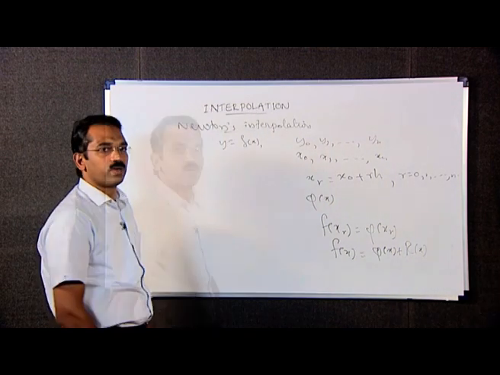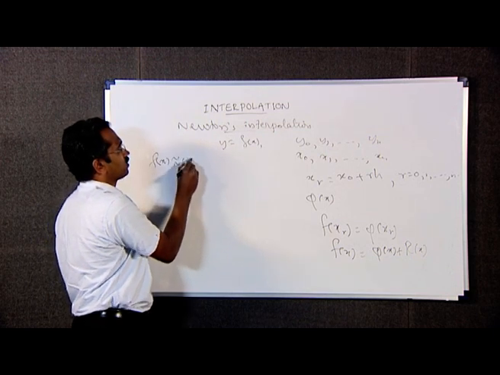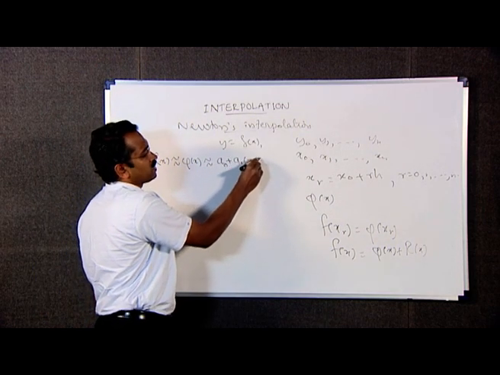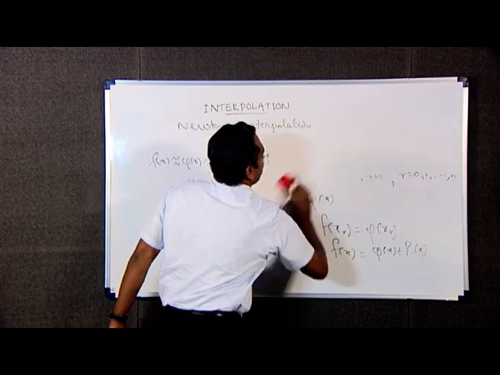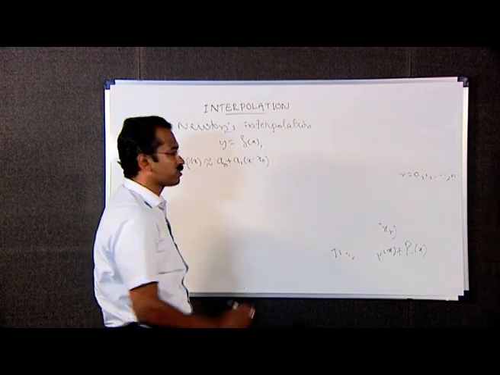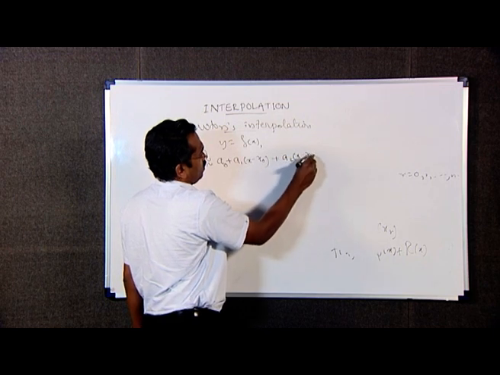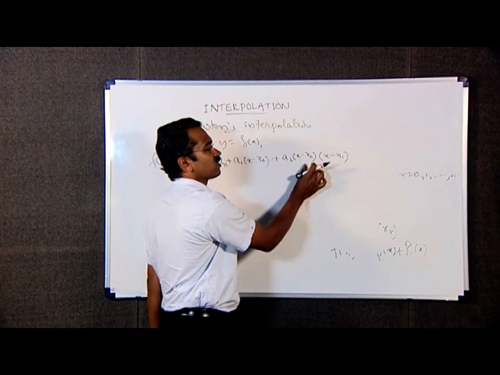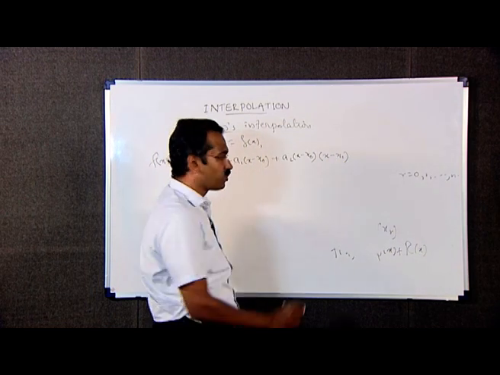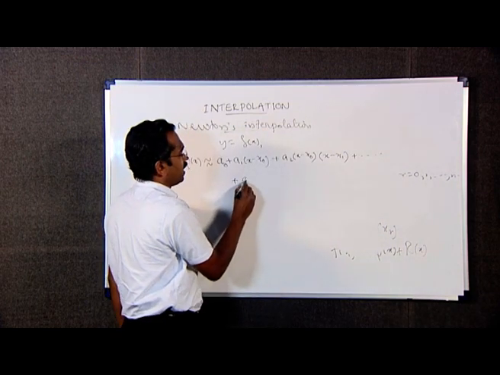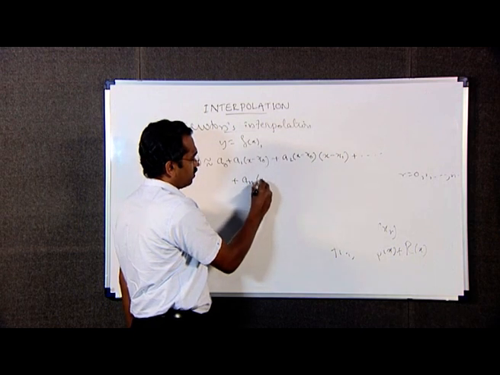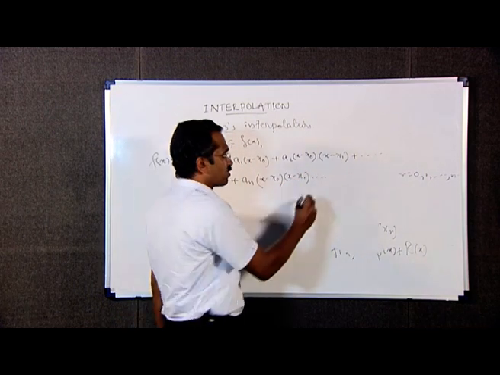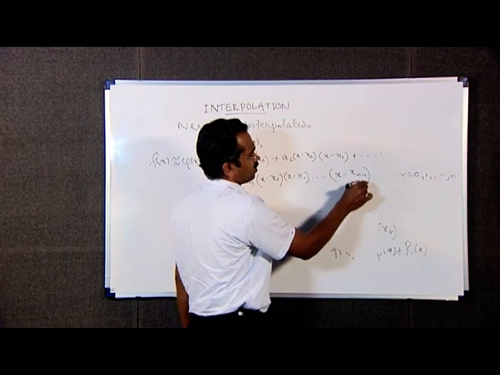Ignoring the error term, f of x is approximately equal to phi of x, which is equal to a naught plus a1 into x minus x naught plus a2 into x minus x naught into x minus x1 plus a3 into x minus x naught into x minus x1 into x minus x2 plus etc. In general, plus an into x minus x naught into x minus x1 into etc. x minus xn minus 1.